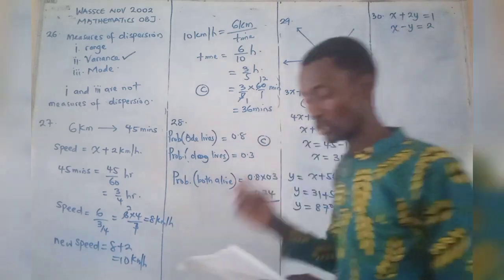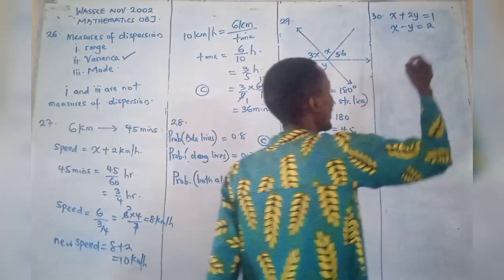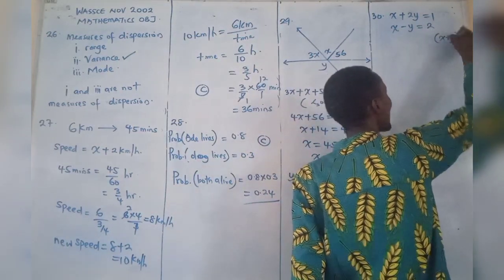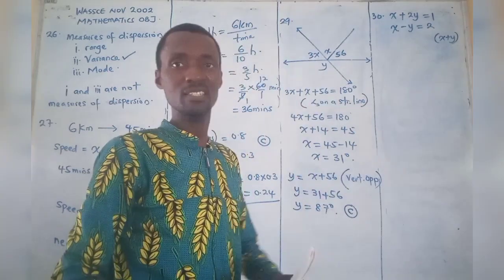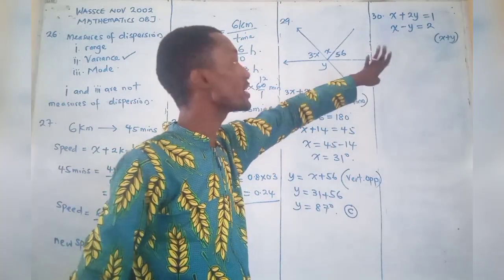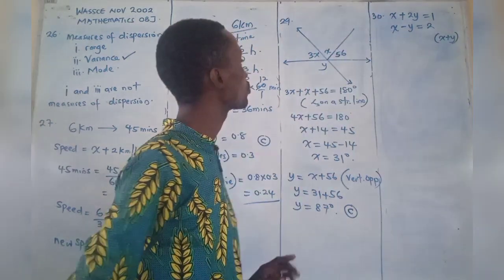This is testing your knowledge of simultaneous equations. But be careful. You're not told to find x or find y. You're told to find x plus y. This is where a lot of students miss it in this exam. You've not taken out time to read the instruction. If you don't read instructions, you're going to be prone to a lot of errors.